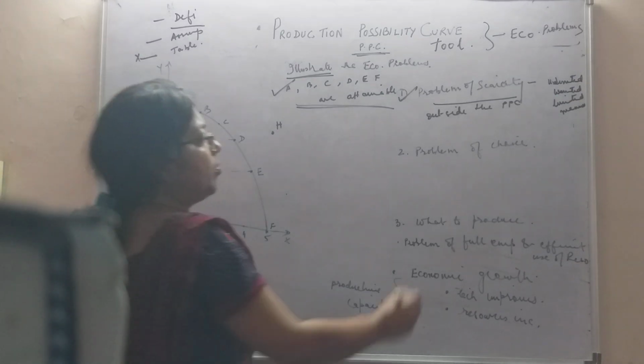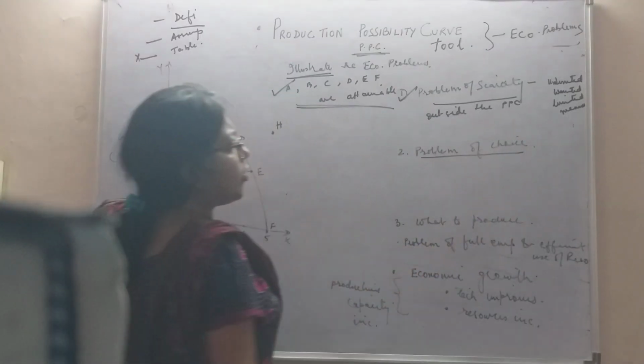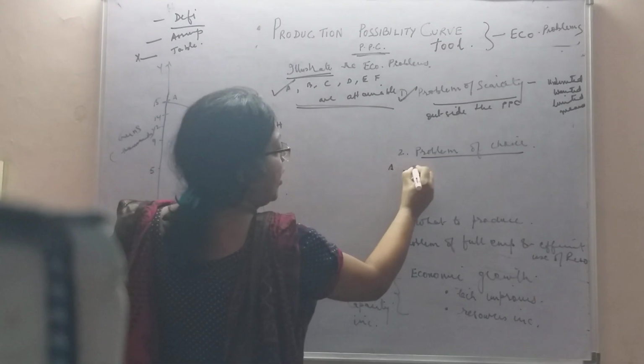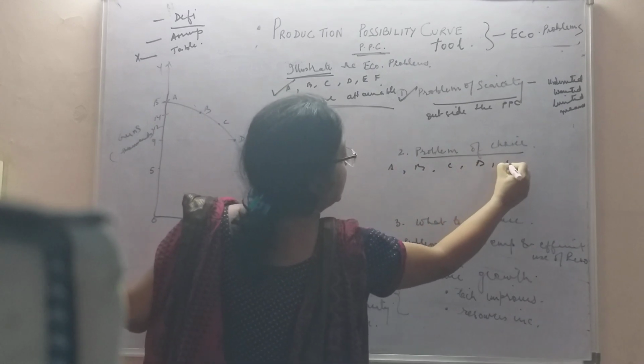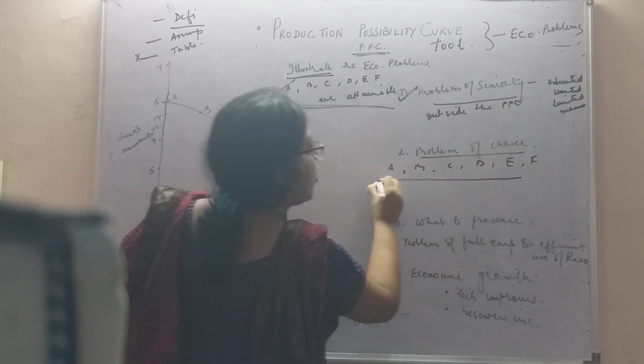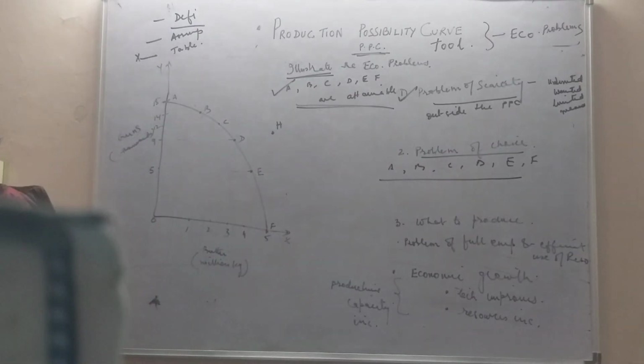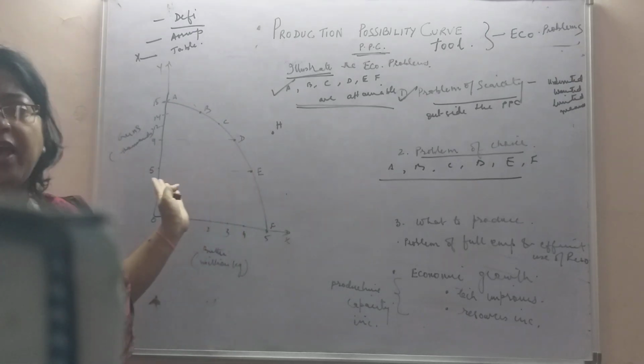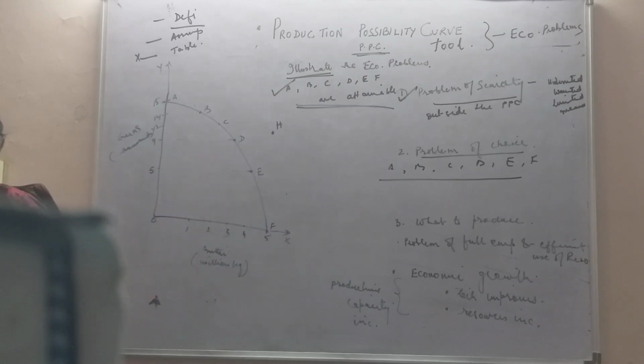The second is the problem of choice. All these combinations that I have shown, imaginary A, B, C, D, E, F, they all indicate the problem of choice, because these many choices, as per the diagram I have drawn, are the choices available to the country. These are the production possibilities.